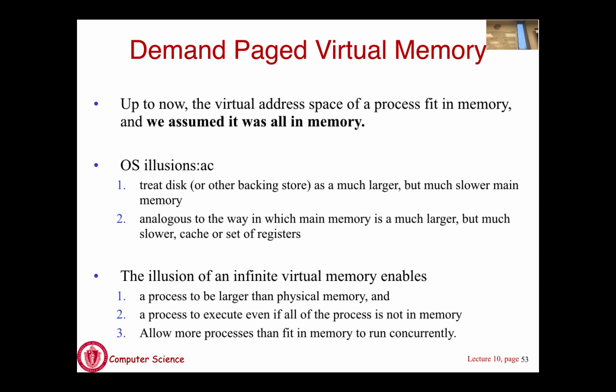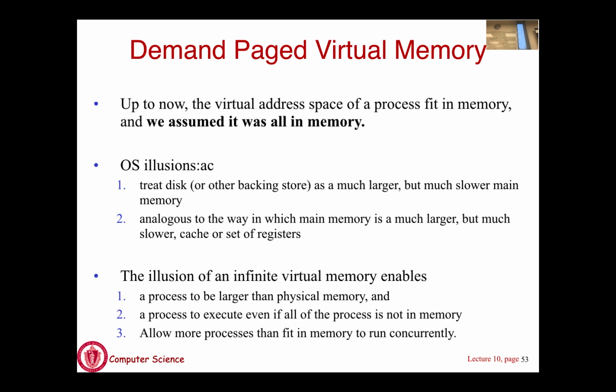It depends on processes exploiting locality of reference. Okay. If process memory accesses were random, this would never work, because all accesses would be random. I don't know which page it's going to access next, so I cannot figure out which pages to keep in memory. Okay.